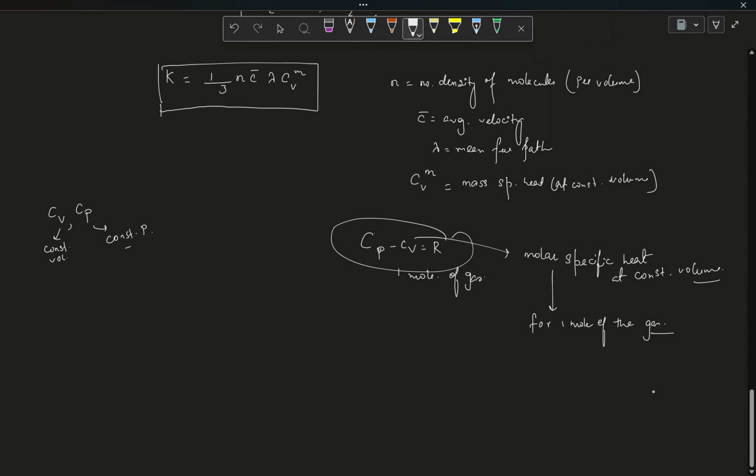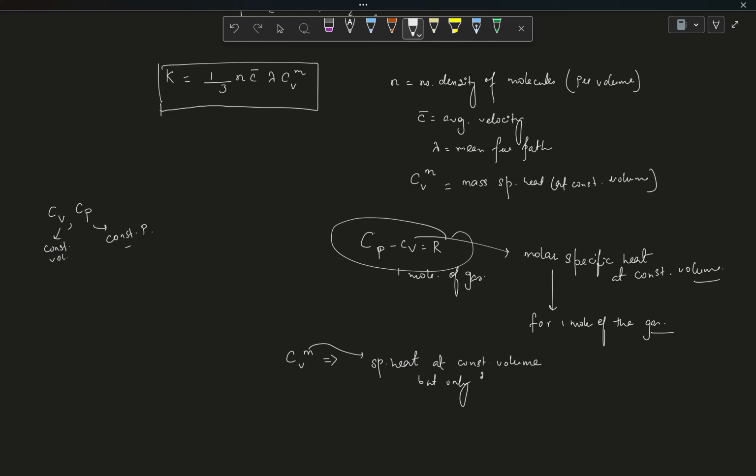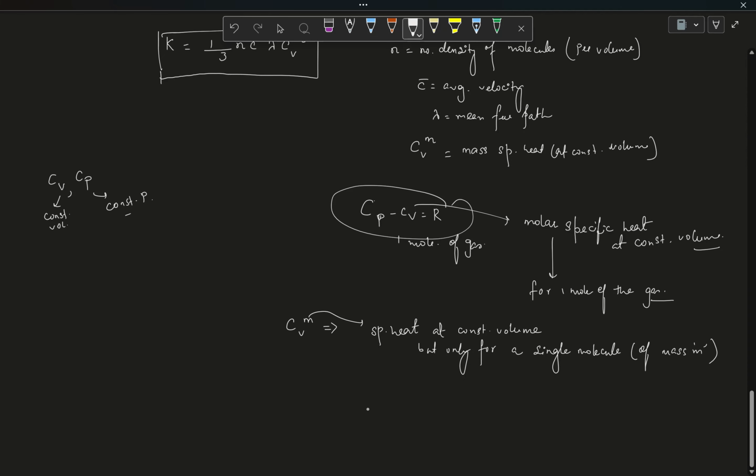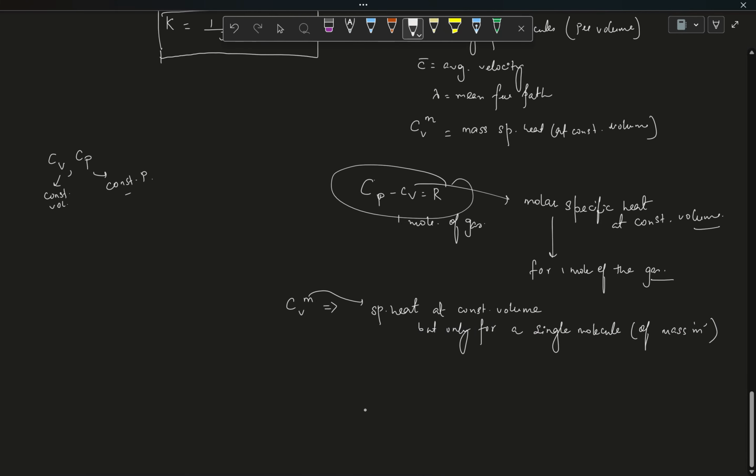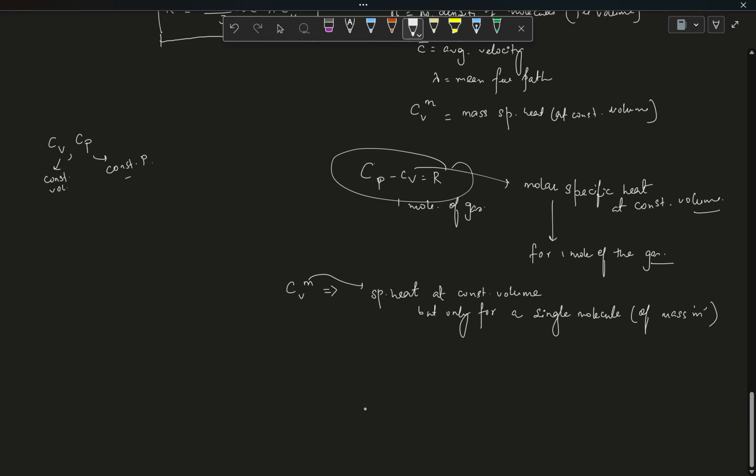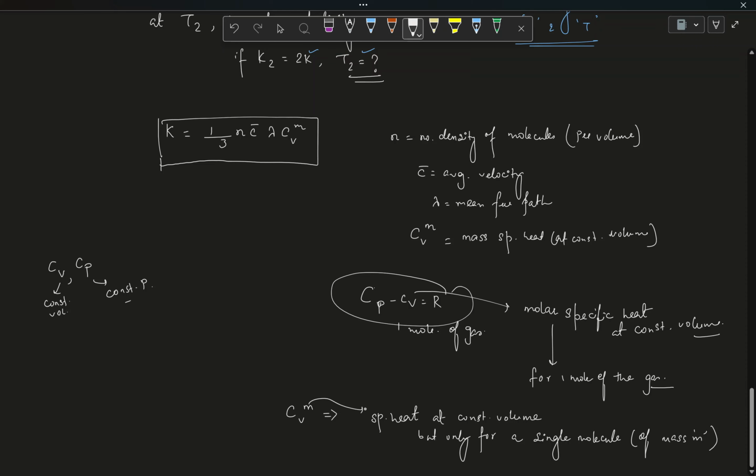But whenever you have CVM, it means the specific heat at constant volume but only for a single molecule that has a mass m.